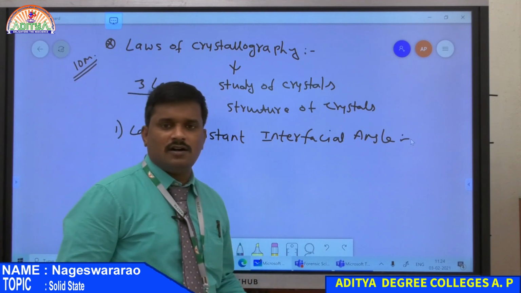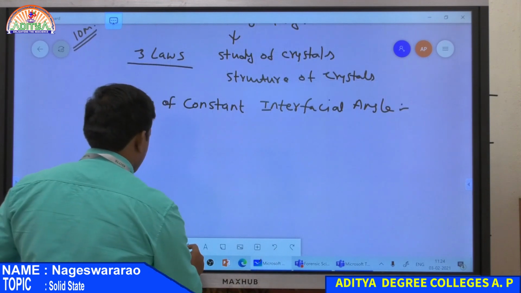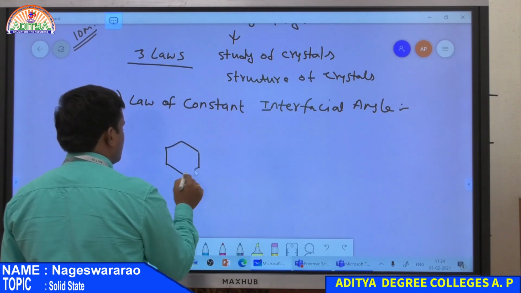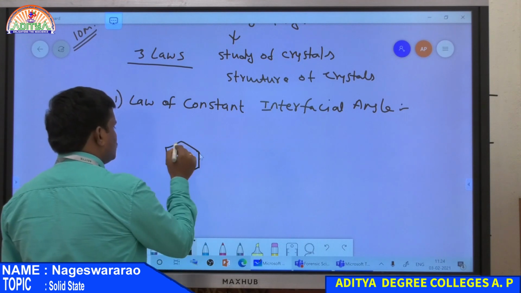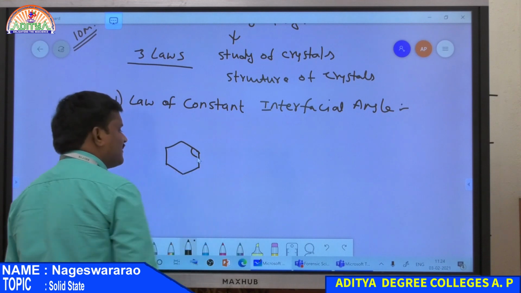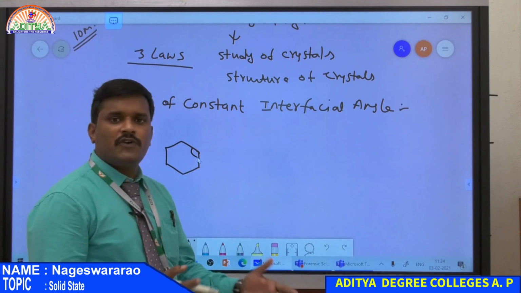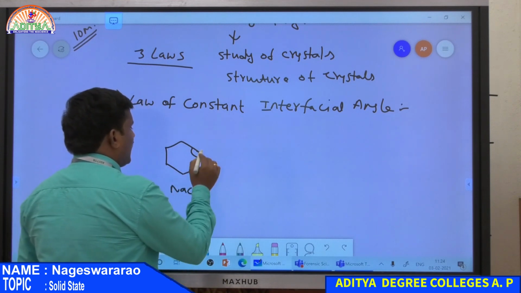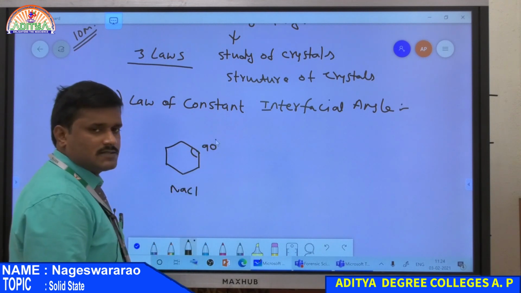According to this law, suppose NaCl, look at the crystal of NaCl. Here these are the faces, 1, 2, 3, 4, 5, 6 faces, and this is the interfacial angle, that is the angle between two faces. In the case of a sodium chloride crystal, the angle between two faces is always equal to 90 degrees.